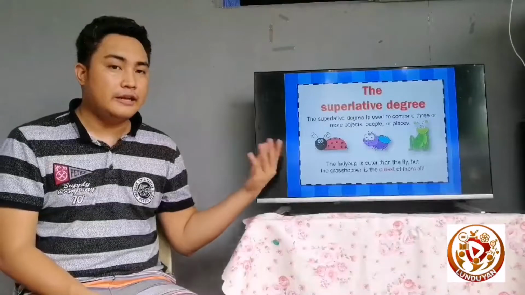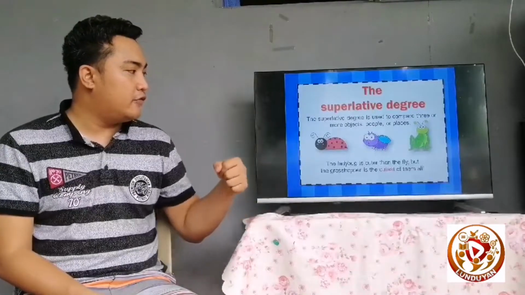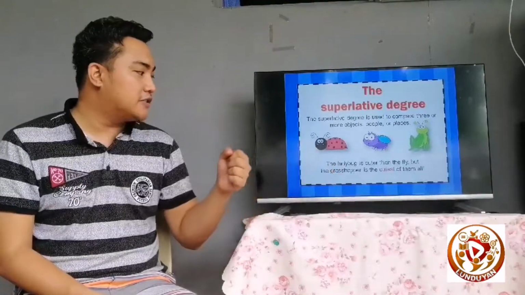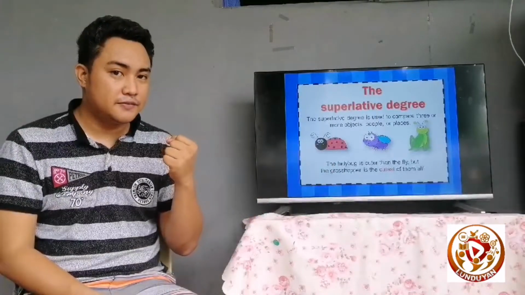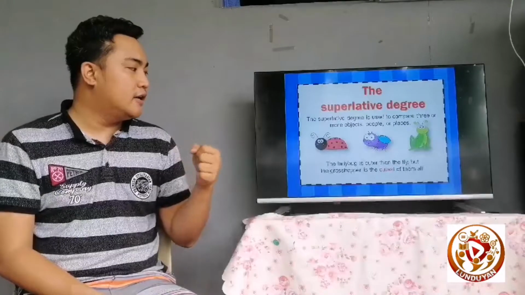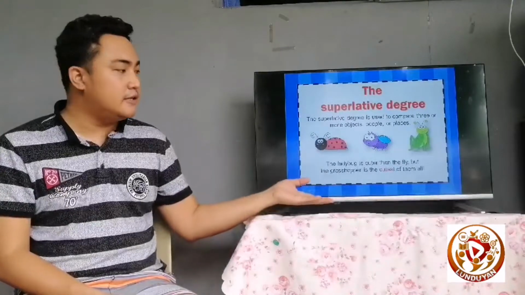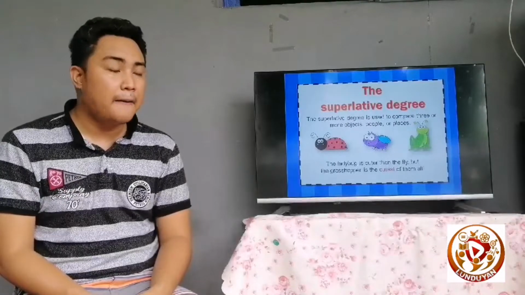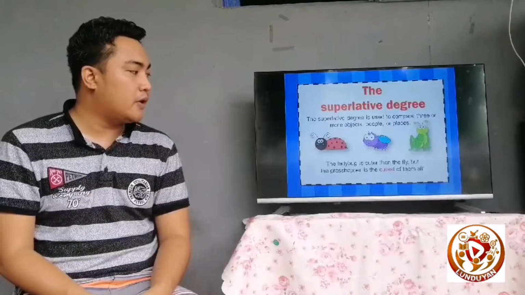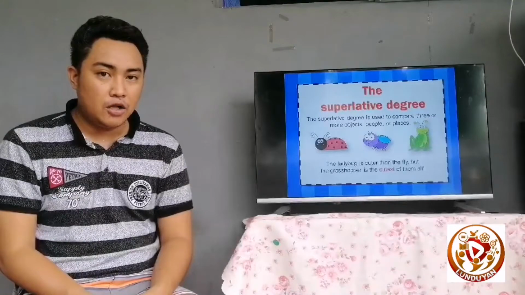We have the ladybug, the fly, and also the grasshopper. Anybody scared of bugs? Teacher Christian's not. All right, now let's try to use them in a sentence. The ladybug is cuter than the fly, but the grasshopper is the cutest of them all.